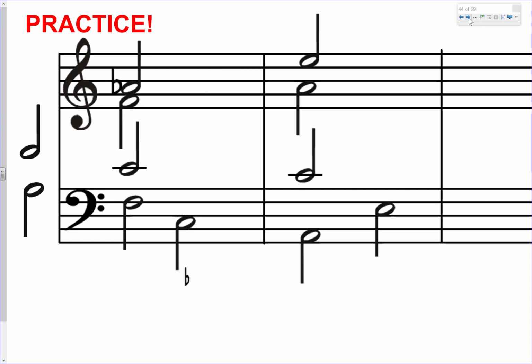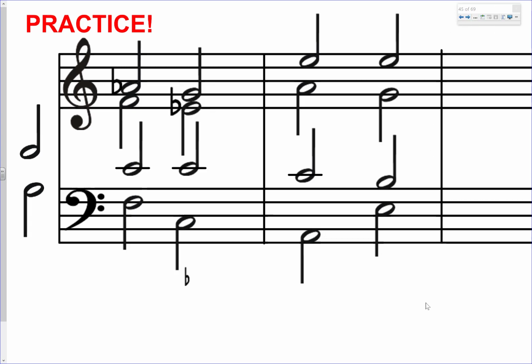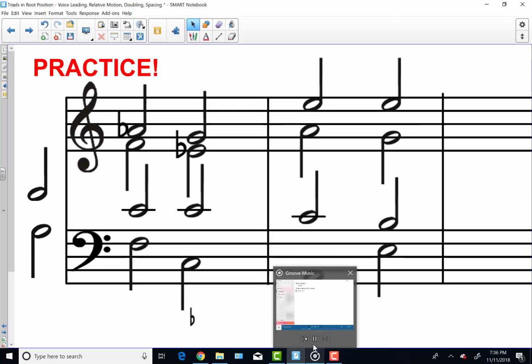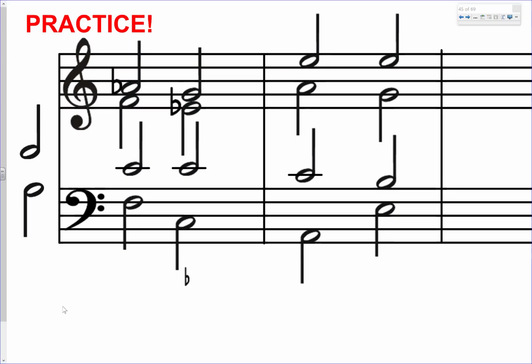Okay, AP, let's check over your work and see how you did. So in the first measure, first we should look at the bass motion.